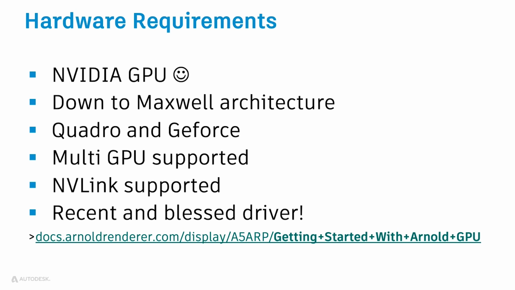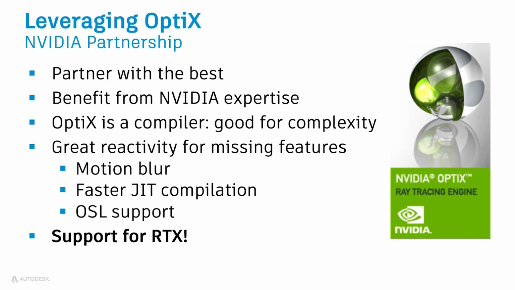So how did we achieve Arnold GPU? We achieved Arnold GPU by building it on top of technology from NVIDIA called OptiX. And we benefited from NVIDIA expertise, and we set out to improve OptiX to make it suitable for production rendering with them. And we've been extremely happy with our working relationship with NVIDIA.